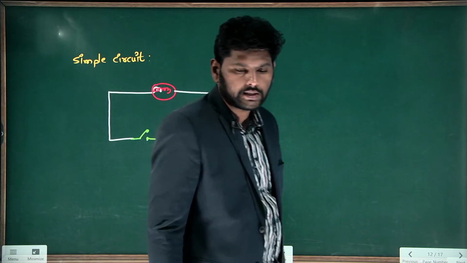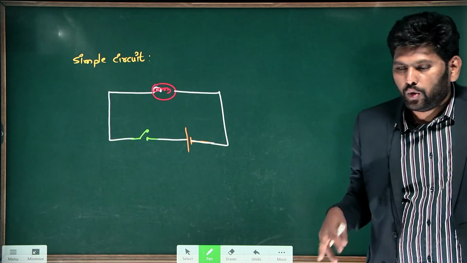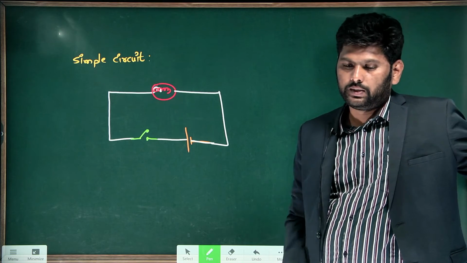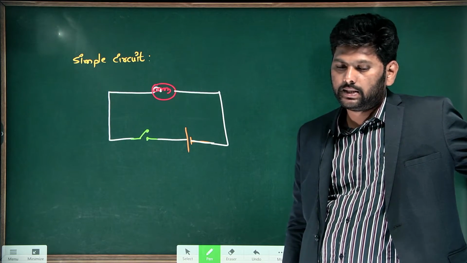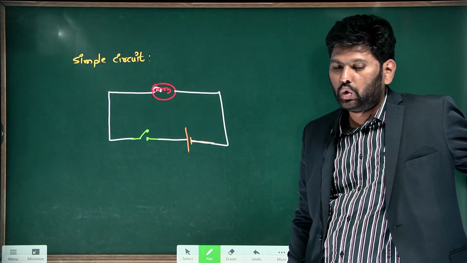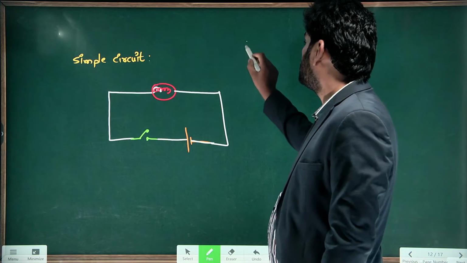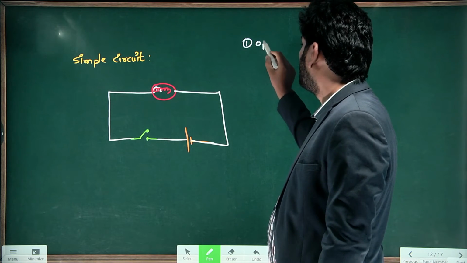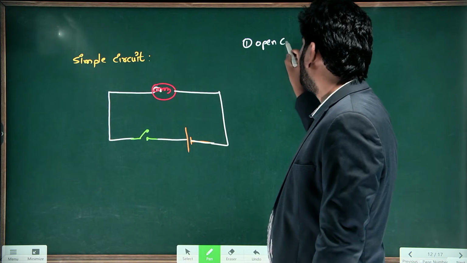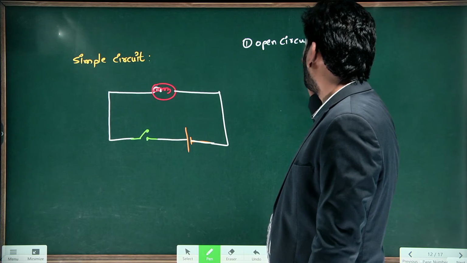Now the circuit has two types: open circuit and closed circuit. Let us discuss the open circuit first. What is an open circuit?